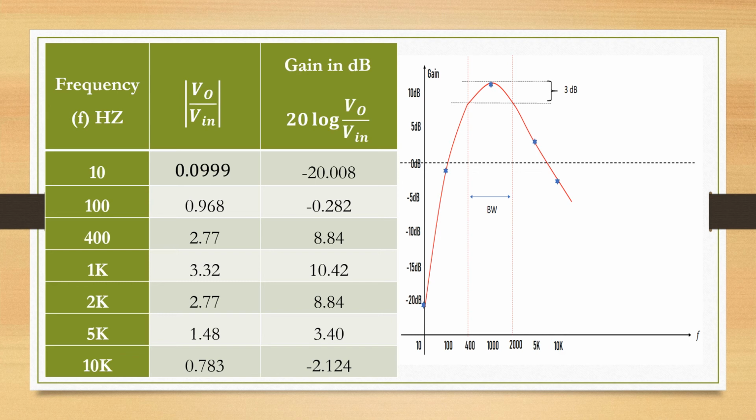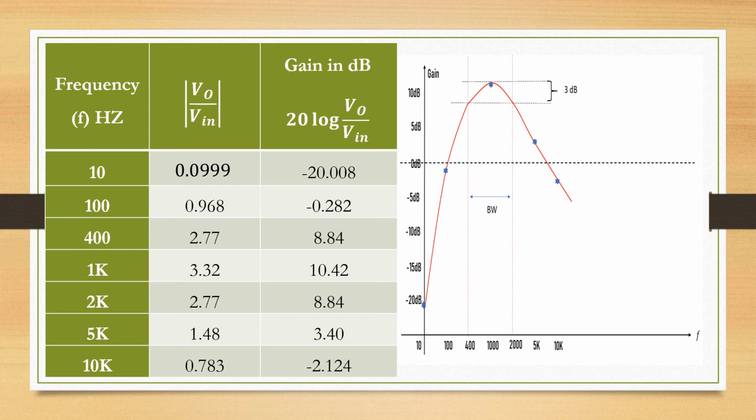Between 400 hertz and 2 kilohertz we get the bandwidth, where at 400 hertz the gain is minus 3 dB compared to the maximum value, and at 2 kilohertz the gain is also minus 3 dB.